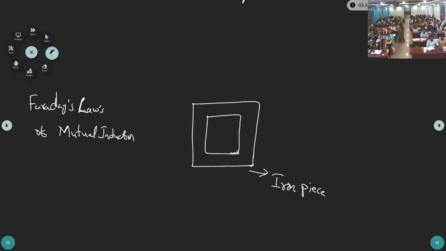Now I am winding a wire around this. Now I am applying an AC voltage.